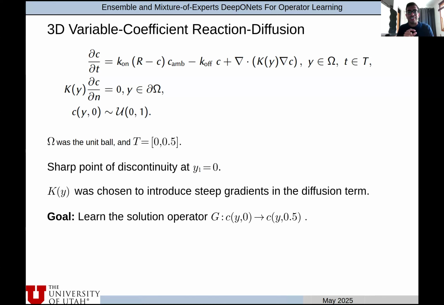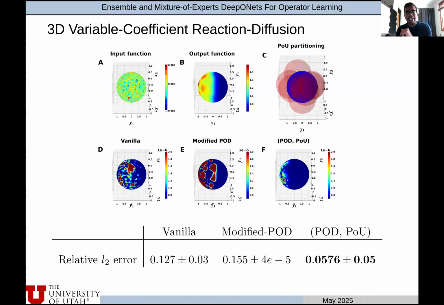And that results in the diffusion term being extremely nonlinear in this equation. So we have a sharp spatial discontinuity that we artificially introduce, and sharp and steep gradients that emerge from the diffusion term. The operator that we try to learn is still the same from the initial condition to the solution at some final time. And these are what the results look like.